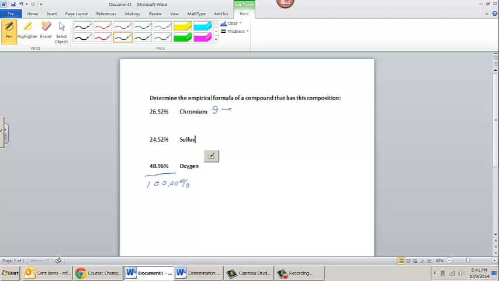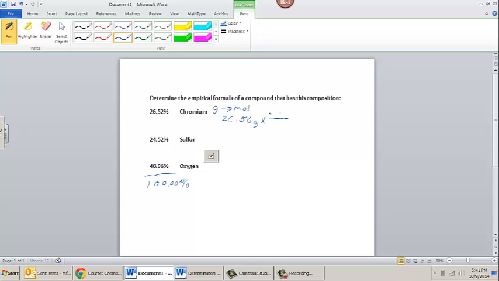So then basically this is like the other type of problem where all you've got to do is convert from grams to moles. Okay, and so to do that for chromium, you're just going to take 26.52 grams, and you're going to multiply that by the molar mass, using the molar mass as a conversion factor.